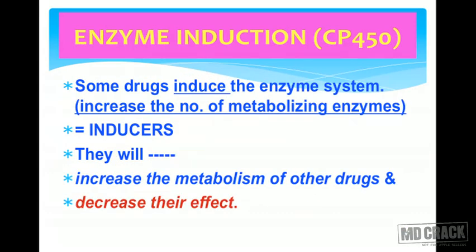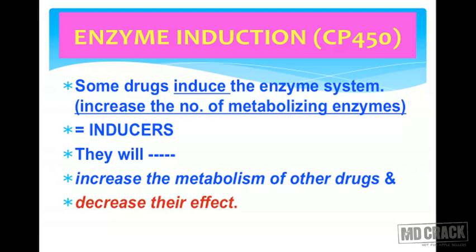Now let us discuss what is enzyme induction. Induction of the microsomal enzyme system, the CYP450 enzyme system. There are some drugs which are called inducers. If you give these drugs to the patient for a long period of time, they have the capacity to induce, meaning to increase the number of metabolizing enzymes which are going to break down other drugs.